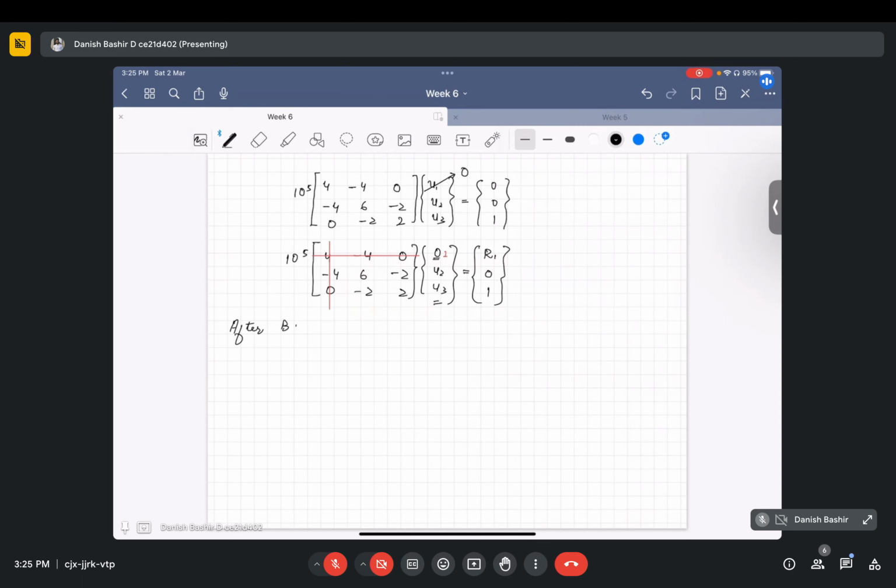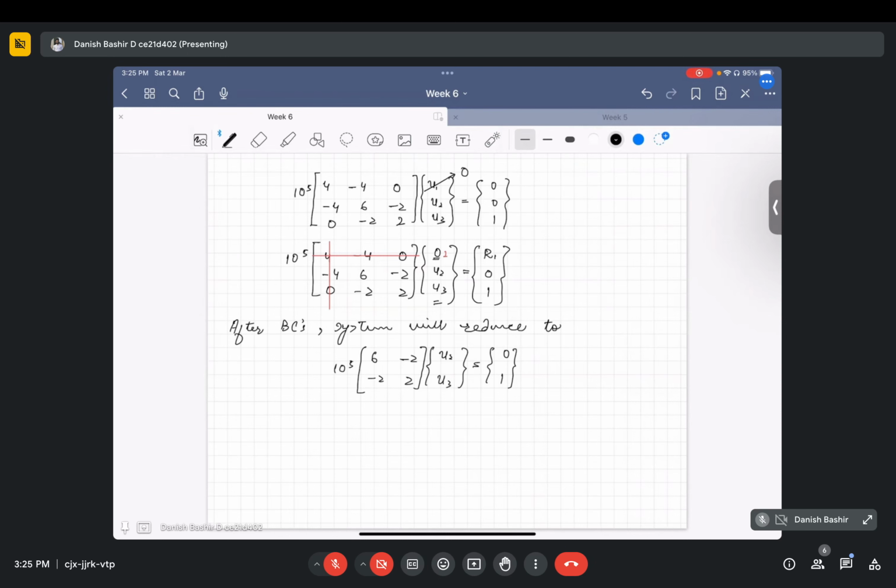After boundary conditions, the system will reduce to 10 to the power 5 times the matrix 6 minus 2, minus 2 2, times u2 u3, equal to 0 comma 1. Now you can easily say this is a system of two variables with two equations.